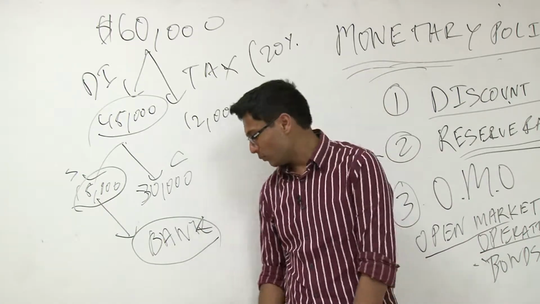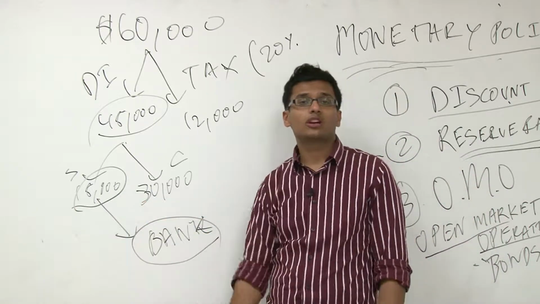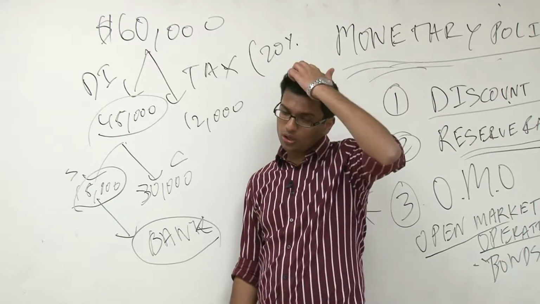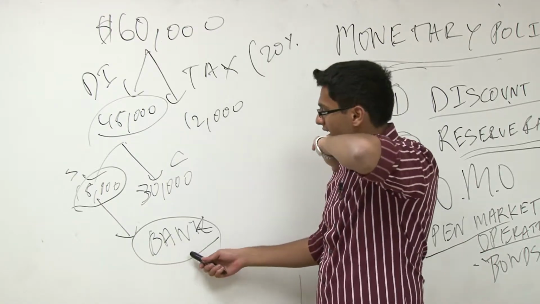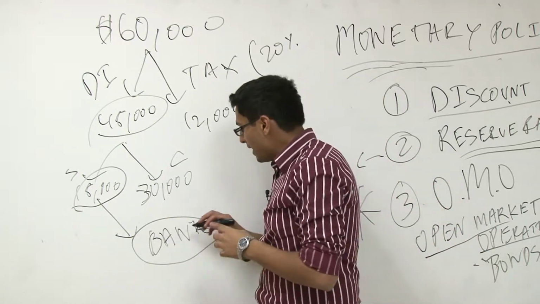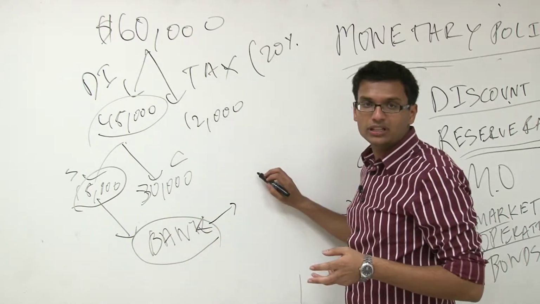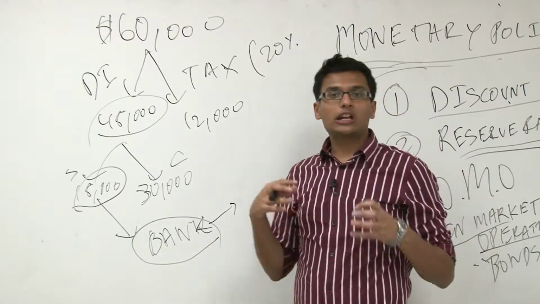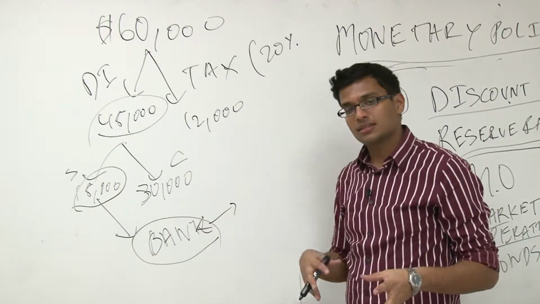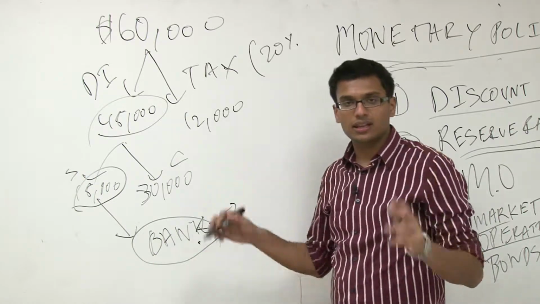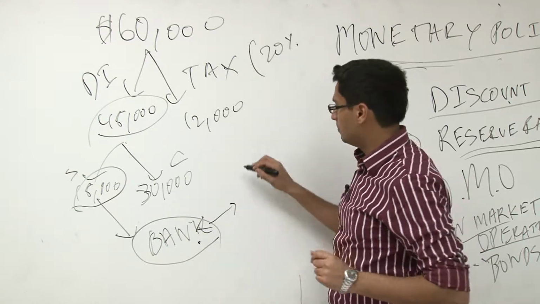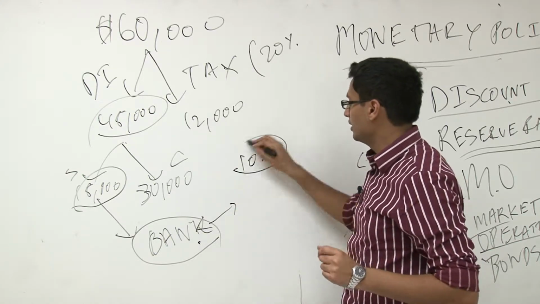The point is that this $18,000 does not have to stay completely in the bank. If Joe the Plumber decides to deposit $18,000 into the bank, that's fine. What the bank does is it doesn't have to keep this $18,000. The federal government of the United States says, hey, listen, Bank of Illinois, you have to only keep 10% of your money in reserves.